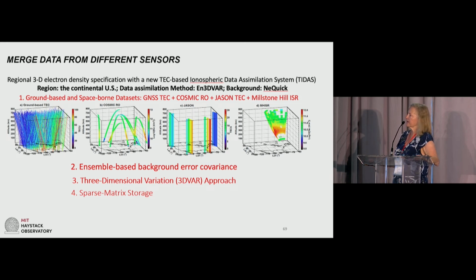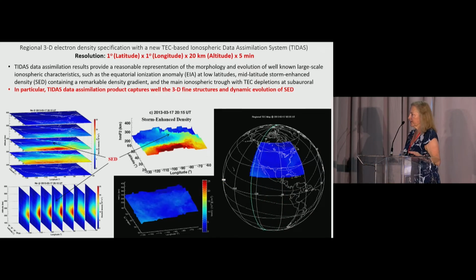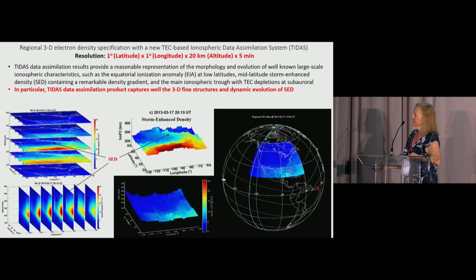By combining all of this using an ensemble-based background error covariance approach, a three-dimensional variational or 3D-VAR approach, and sparse matrix storage, he was able to produce this incredibly detailed and three-dimensional image of the storm-enhanced density feature over Millstone. And that's the first time we've actually been able to achieve this.